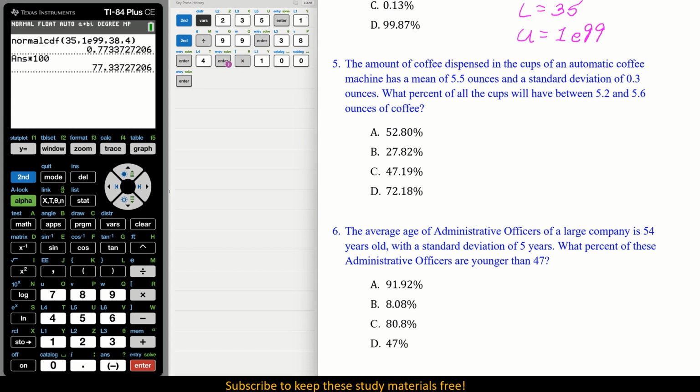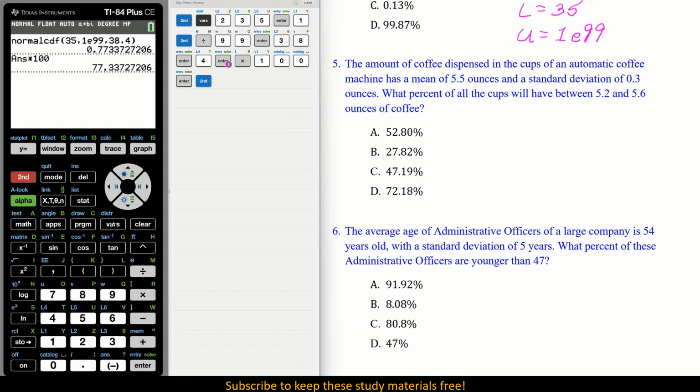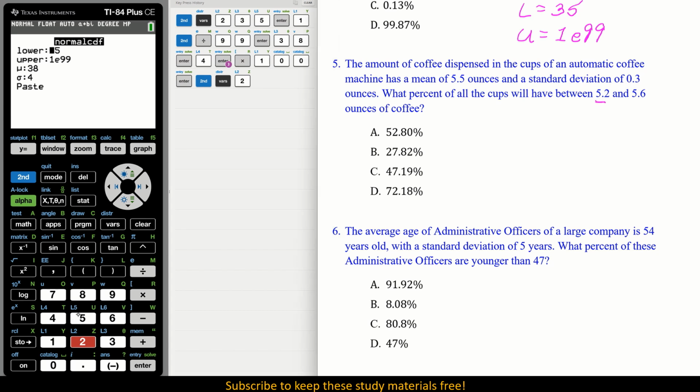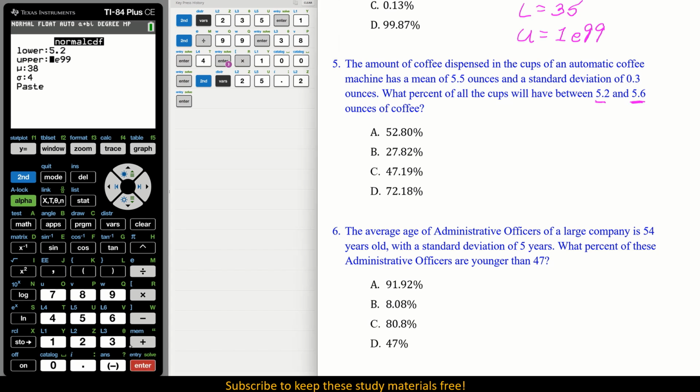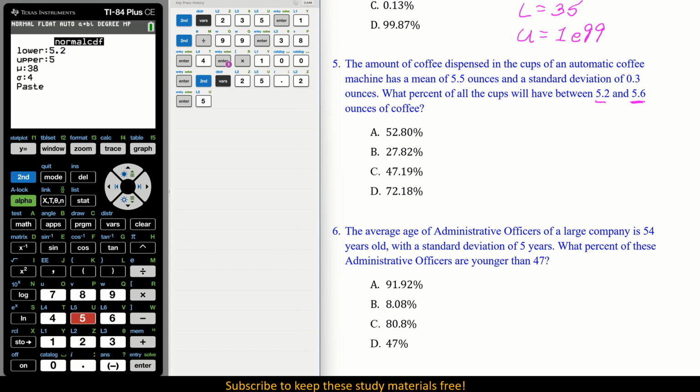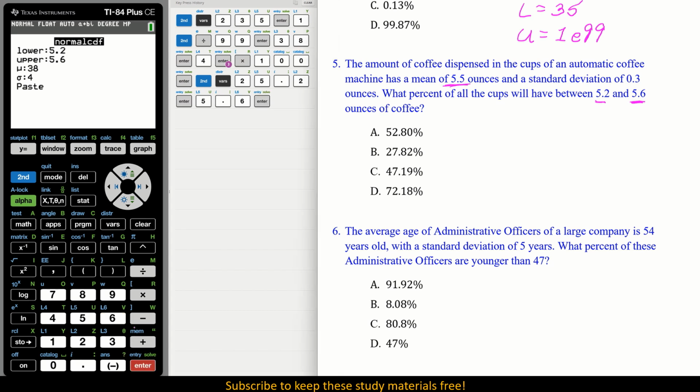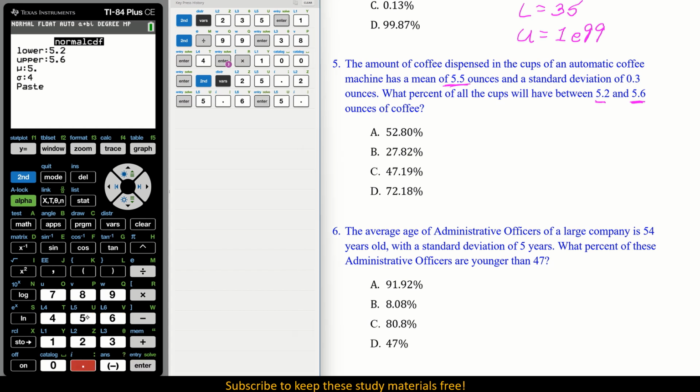Okay, so what do we have? We need to do second vars number 2. Our low is right here, 5.2. Let's enter. And then here's our upper, that's 5.6. Enter. The mean, right here, 5.5.